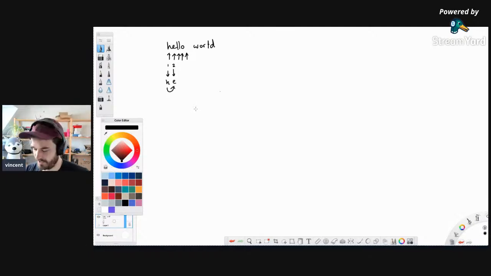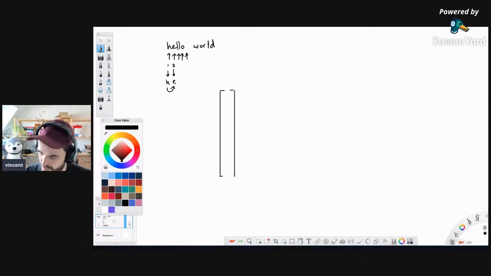But the idea is as follows. What I could do is I could say, well, I have this vector. And this vector is going to be all zeros, except for maybe one index where we have the number 1 appear.